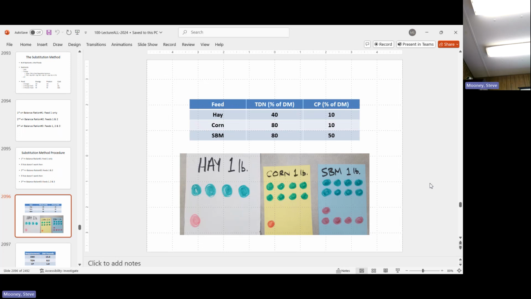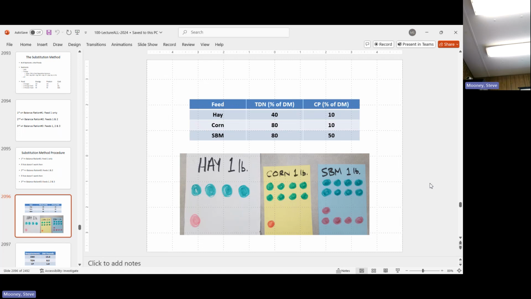So it's mostly energy, which makes sense. It's an energy feed. Crude protein is 10%, so how many tenths am I going to have? Look at my dot. What do I got? 1/10 of a pound. So if I multiply 1 by 0.1, I'm going to get 1/10.